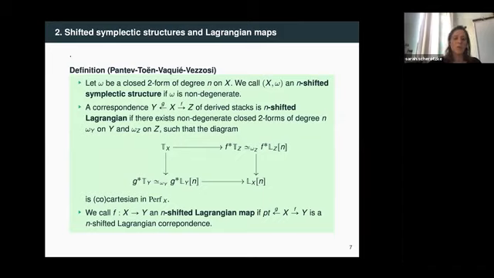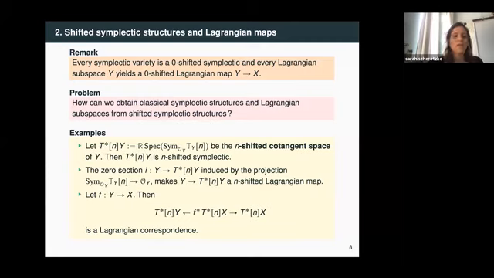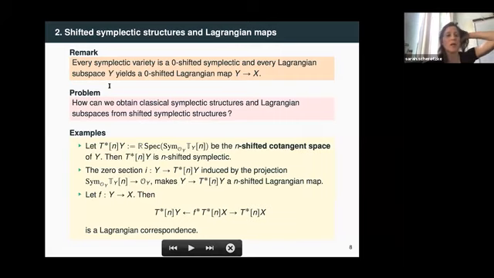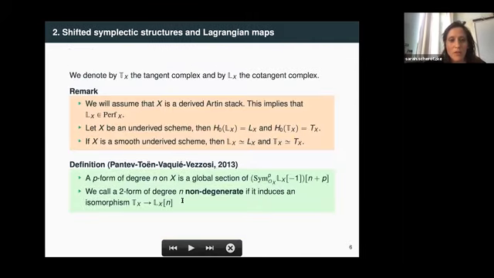Okay, let's also view some examples on this. First of all, like we said at the beginning of the chapter, every ordinary stack can be seen as a derived stack. So every symplectic variety is also, of course, a derived stack, and it will naturally be zero-shifted symplectic. The reason for this is the remark we mentioned here.